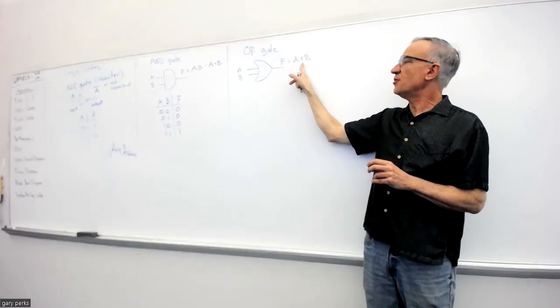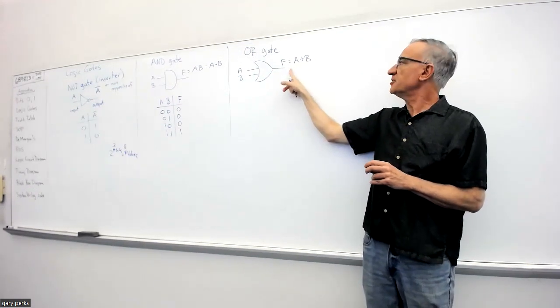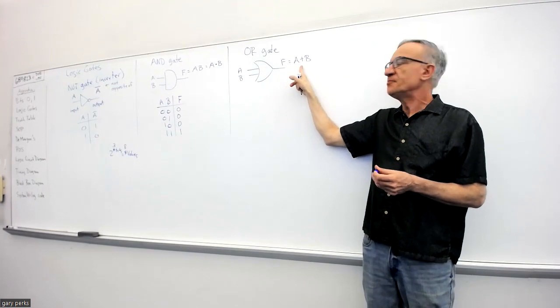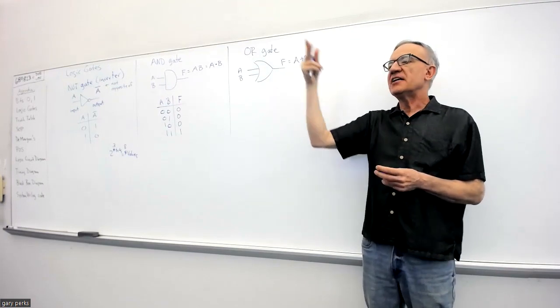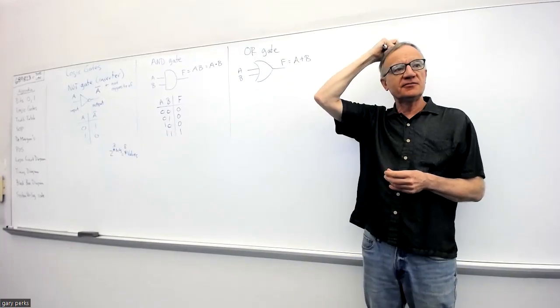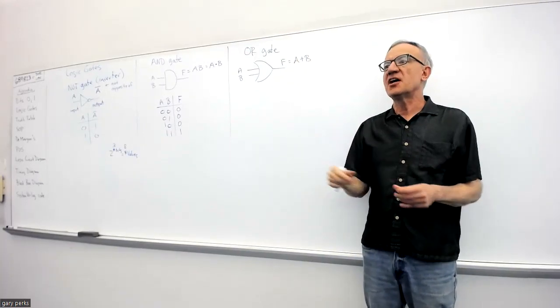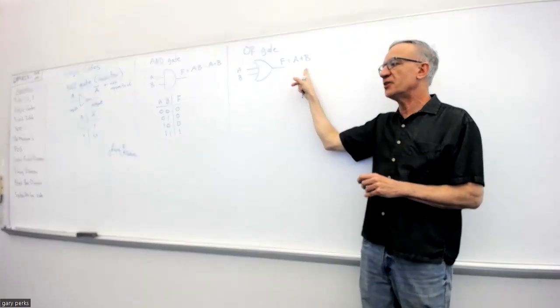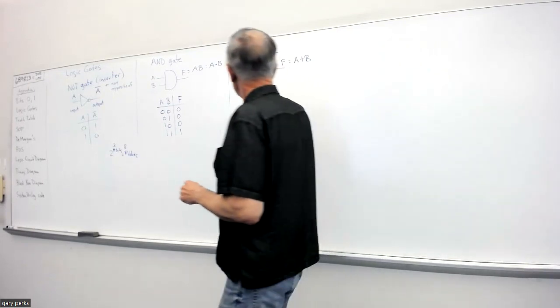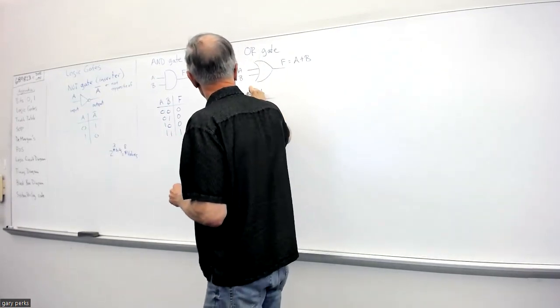So this is A or B. But because it looks like you're adding, if you were to consider this to be a base 10 equation, that's why on the sheet you'll see that the OR is called a logical addition, logical sum. But again, addition's not going on here. The OR function is going. And the truth table for an OR gate looks like this.